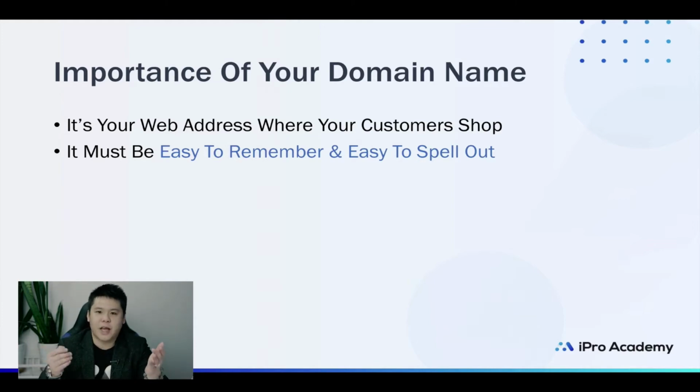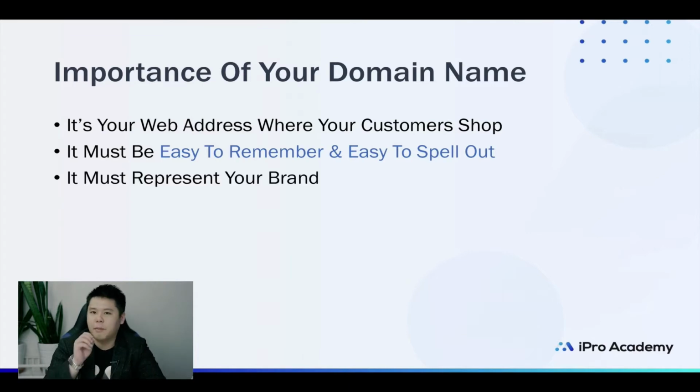There can be spelled as T-H-E-I-R or T-H-E-Y-R-E. And when you use that, guess what? People will not know which one they should use. And it's hard for people to spell out. So remember that. Make sure that your domain name is easy to remember and also easy to spell. And don't make up words.